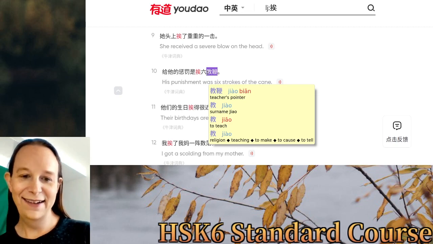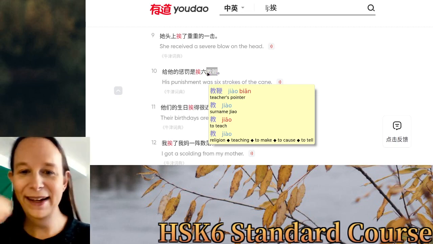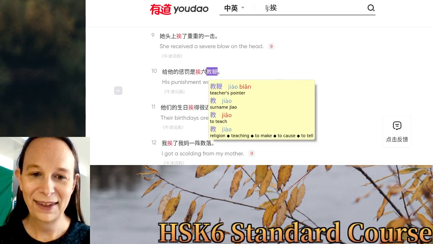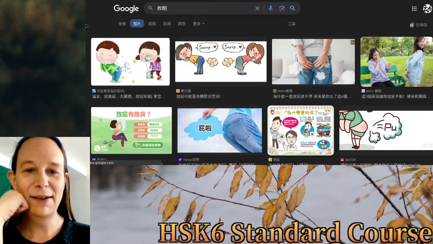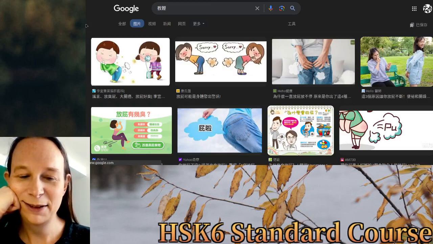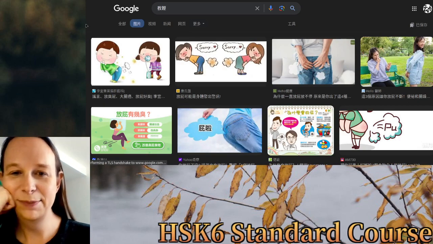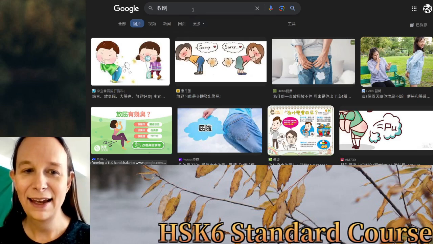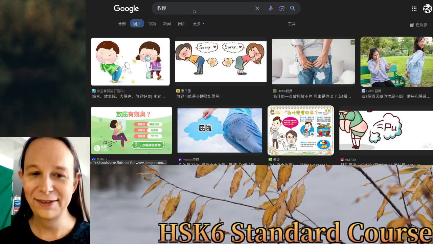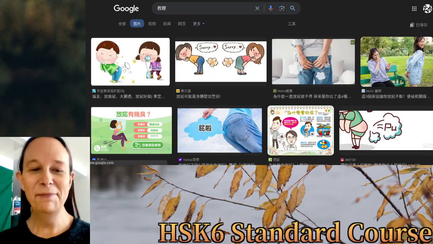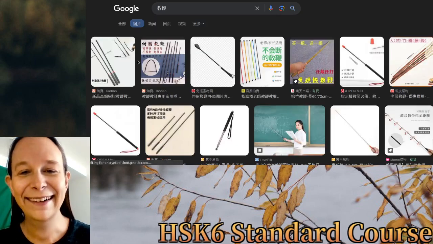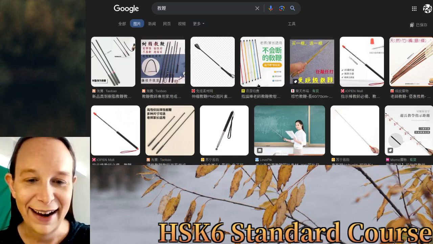So, okay, 教鞭, I think I know what this is. In Chinese classrooms, the teacher has a stick or something, intended to point to a blackboard, but it's also used to beat bad students. All right.